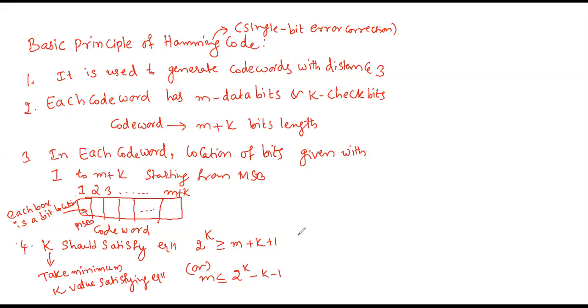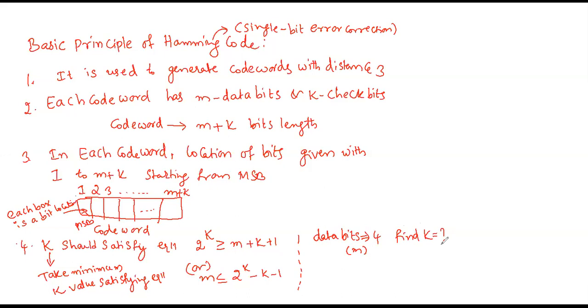I am explaining this one. For example, data bits 4. M is equal to 4. Find how many check bits are needed.